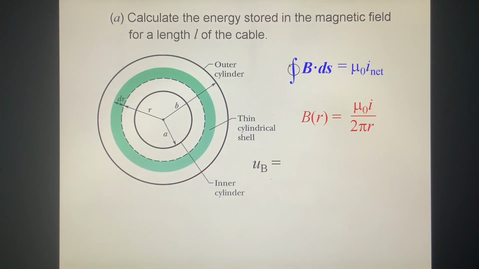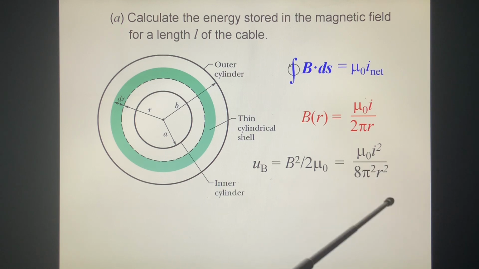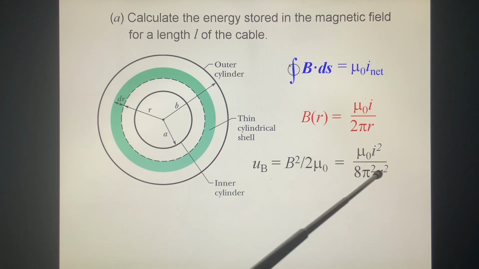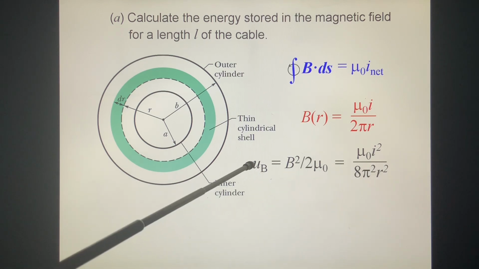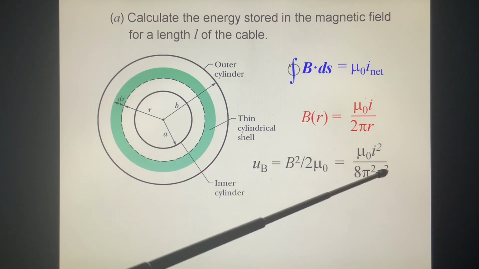Then U_B equals B squared over 2 mu 0. We put this one inside and we get mu 0 I squared over 8 pi squared r squared. It depends on the location r. Different r, you have different energy density. U_B is a function of r.